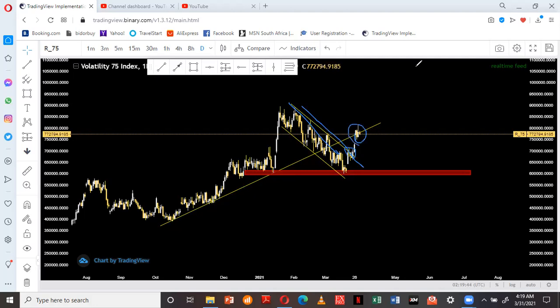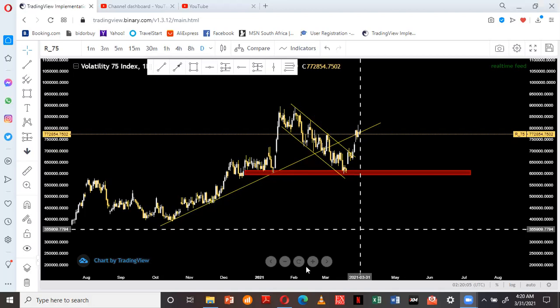The catch is that on this level here, this time we are having a doji, a rejecting candlestick, which could mean anything.